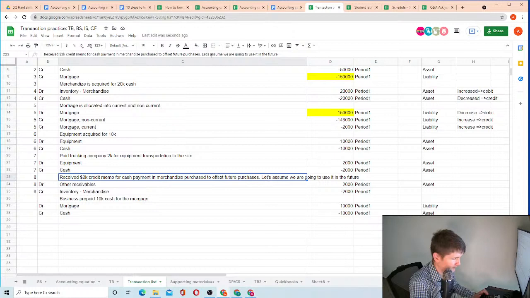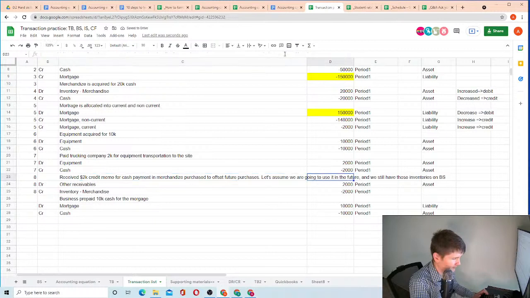Let's assume we still have those inventories on the balance sheet. Then we need to decrease the value of those inventories, and that's also an asset, and that's a decrease in the asset, and that makes it a credit.